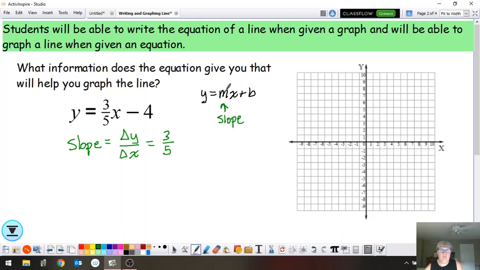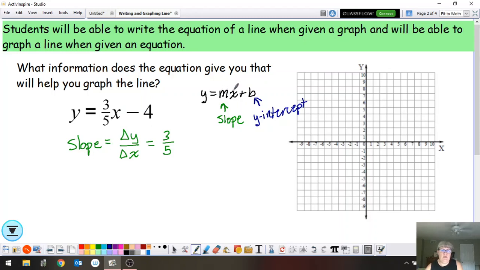So the coefficient of our term that has x is always our slope. And then the plus b is the y value of our y-intercept. So I can also identify that here.